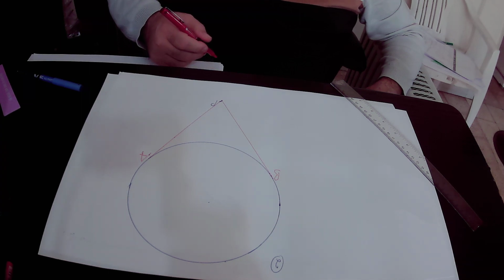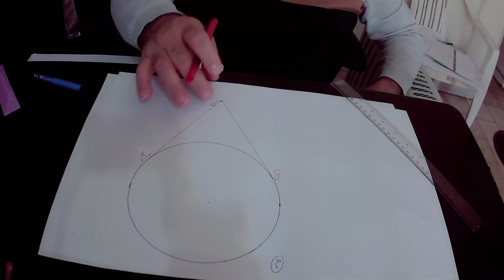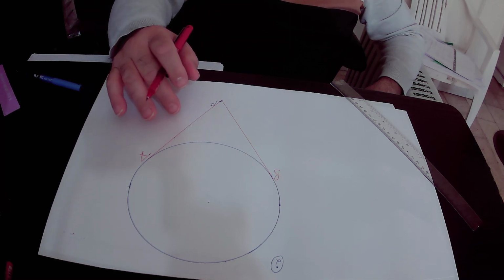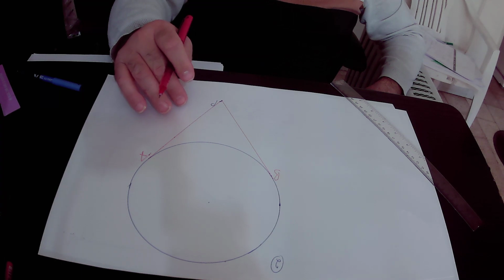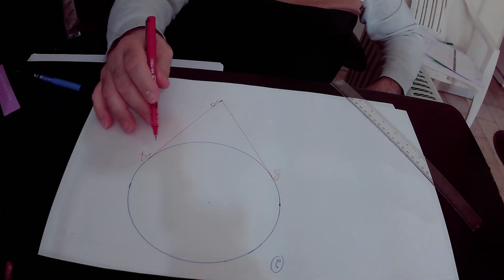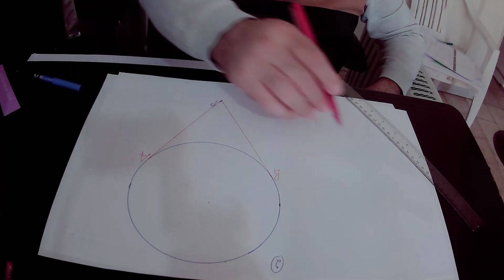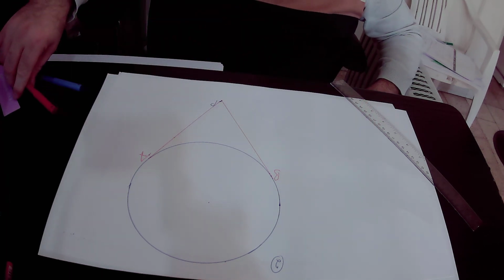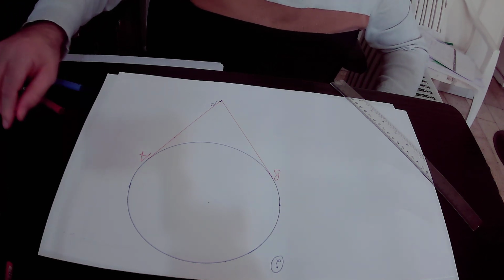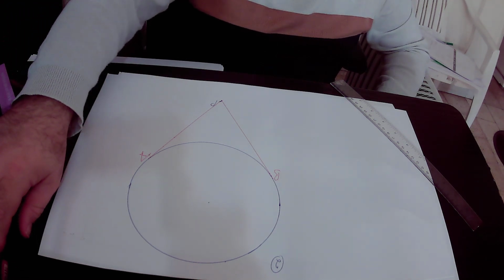So the length of the first tangent, that starts from point P and ends at point A, is PA.